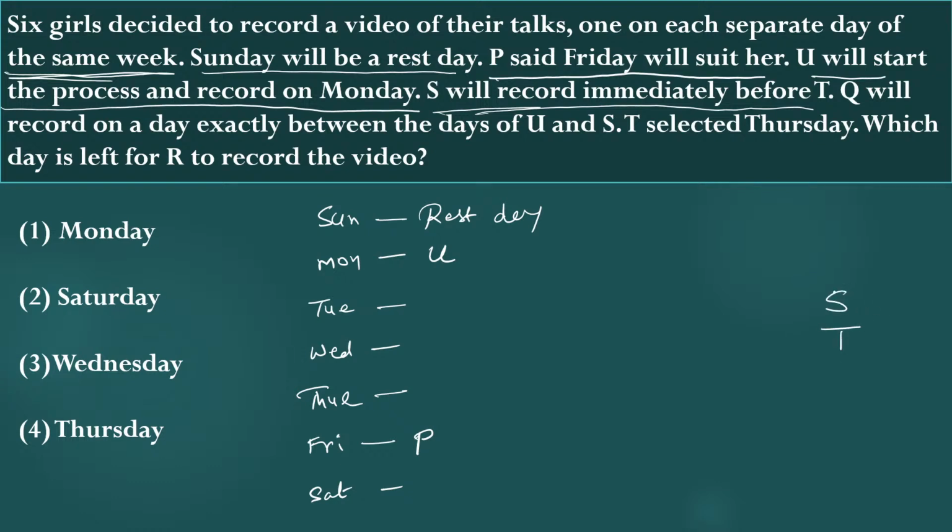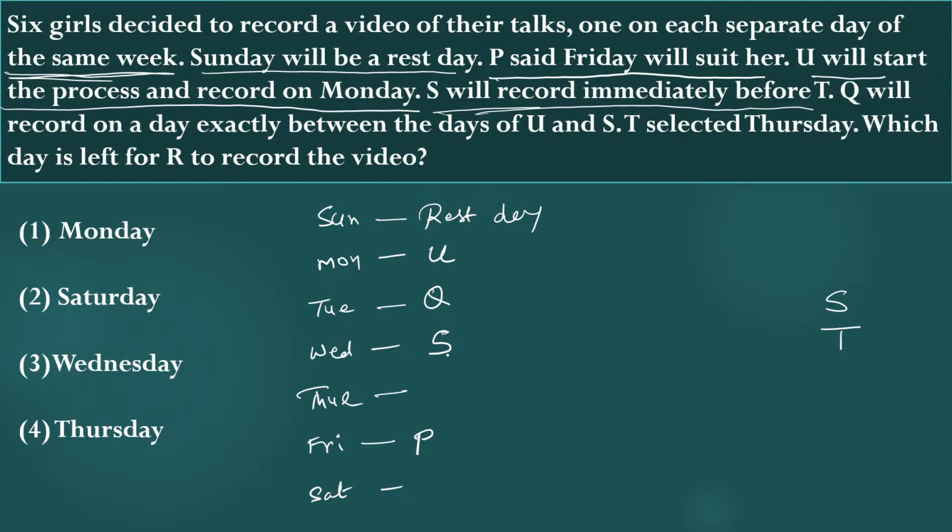Okay, right. Q will record on the day exactly between U and S. So here U is there, here S is there, and we can write here Q is there. Why? Because Q will record on the day exactly between the days of U and S. There is no possibility to write above Monday, so we can write below Monday.